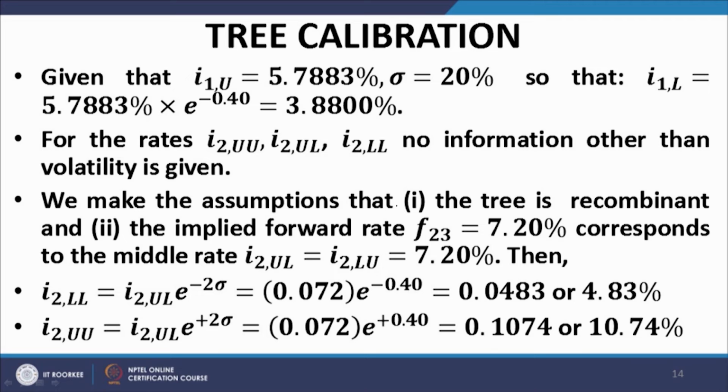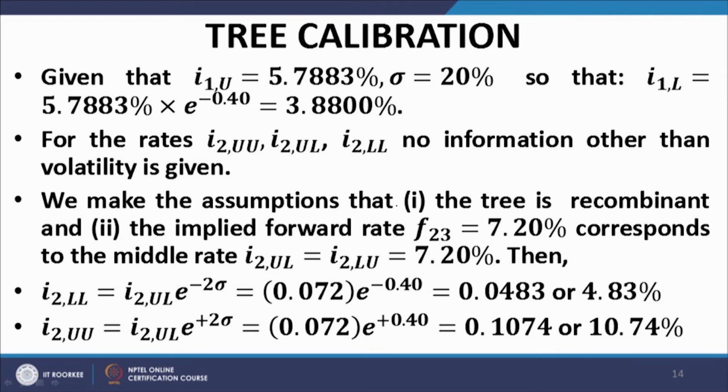In fact, we are given the value of I1u, we are given the value of sigma, and we know from the principle that applies to this particular model that I1u and I1L are related by a multiple of e to the power 2 sigma. Sigma is known to us. Therefore, we can find out I1L, that is nothing but I1u e to the power minus 2 sigma.